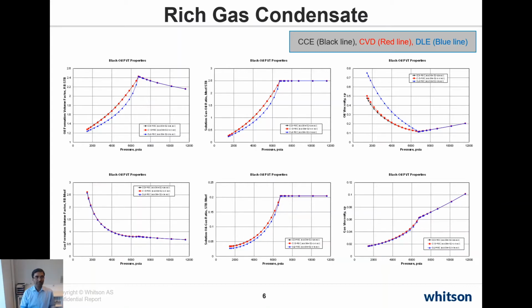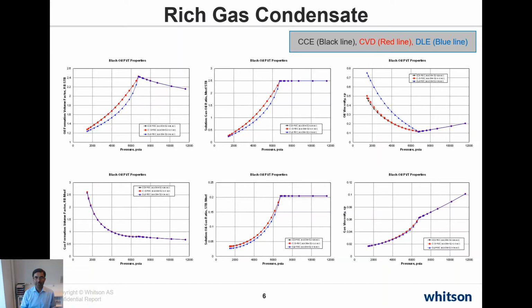If we look at the top left, the oil formation volume factor, CCE and CVD experiments are quite close. DLE is different. Similarly for the gas oil ratio also. If we see the top right, the oil viscosity for DLE is quite different from CCE and CVD.